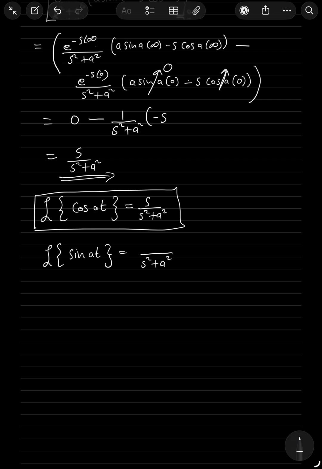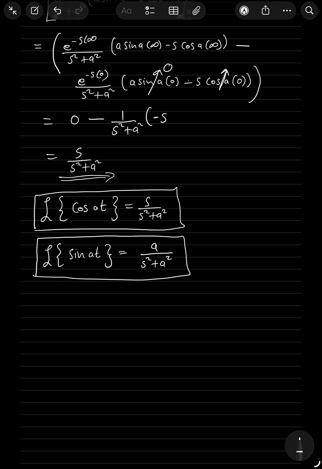It's just that there's a slight twist for the sine function. You're going to have a instead of s in the numerator.